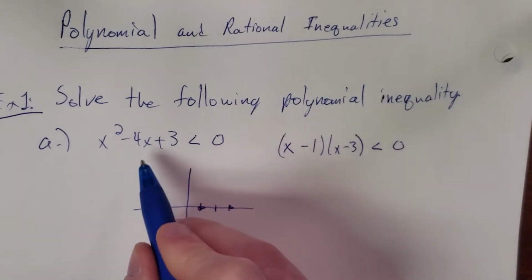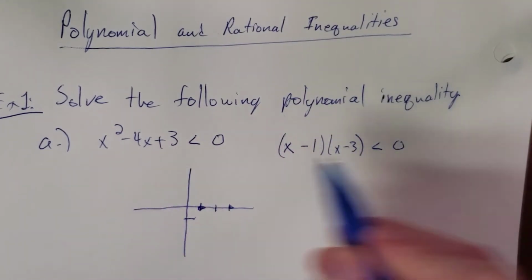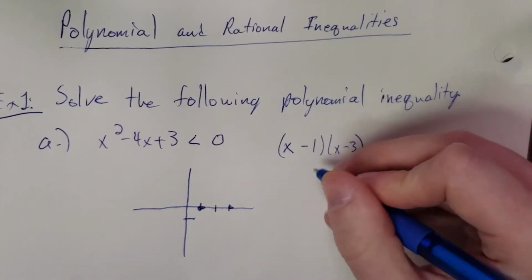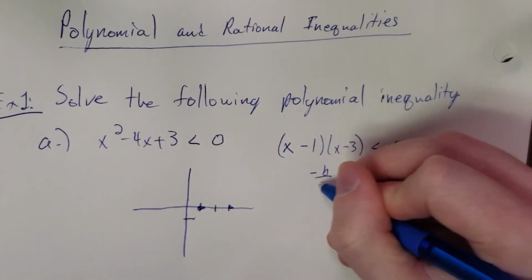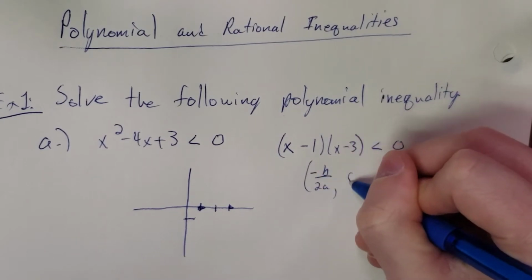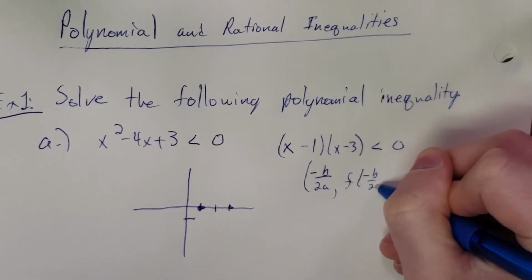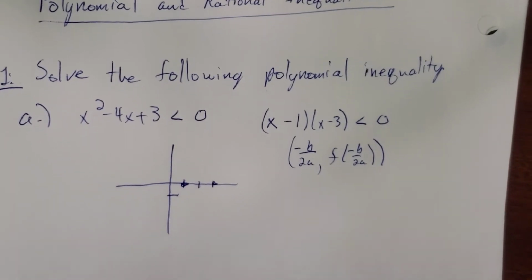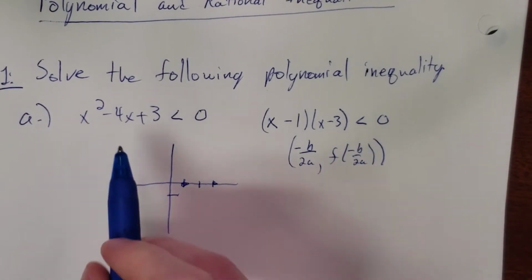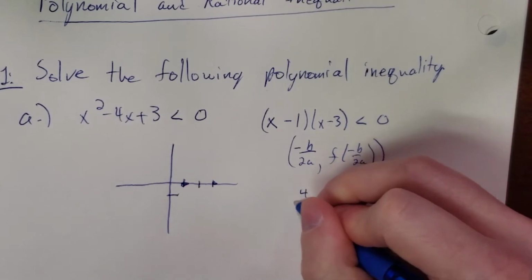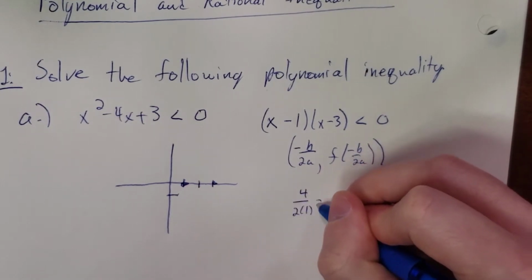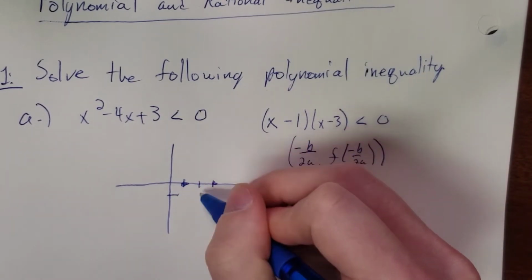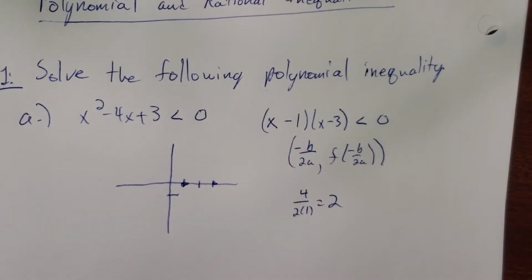We also know that we can find the vertex here by finding negative b over 2a, comma f of negative b over 2a. We know that from a previous section. So what is negative b over 2a? Well, that is positive 4 over 2 times 1, or in other words, 2. So at x equals 2, we'll find our vertex.